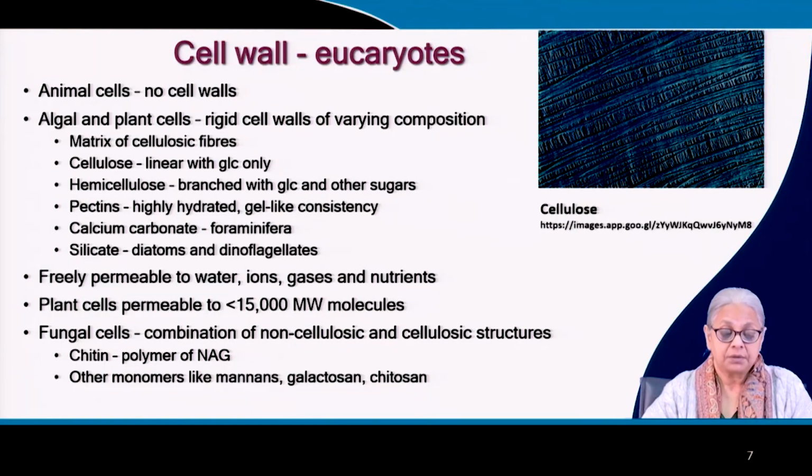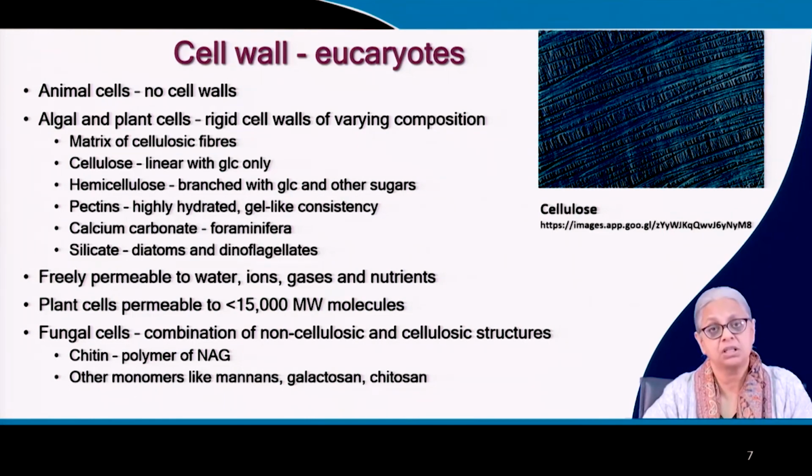Plant cells are able to allow large molecules, even up to 15,000 molecular weight. So even large molecules of any size less than 15,000 molecular weight can permeate through these plant cell walls. That's how plant cells are able to absorb nutrients from their environment through the root zone.